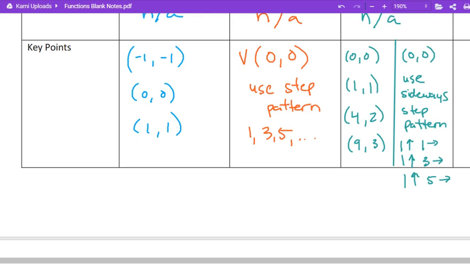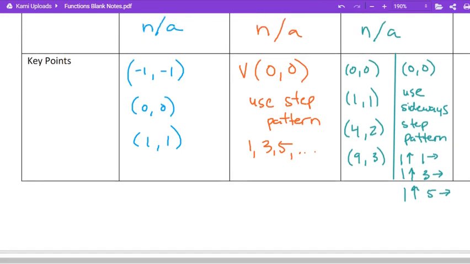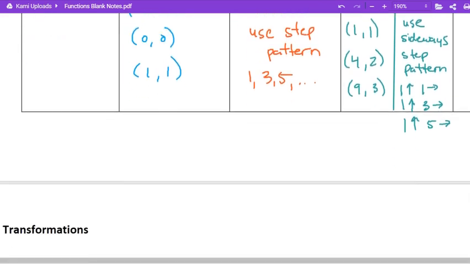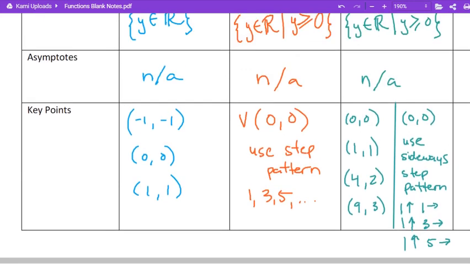So you write what works for you, right? If you have yet a different way to remember how to graph the parent function, then you write it that way. Okay.